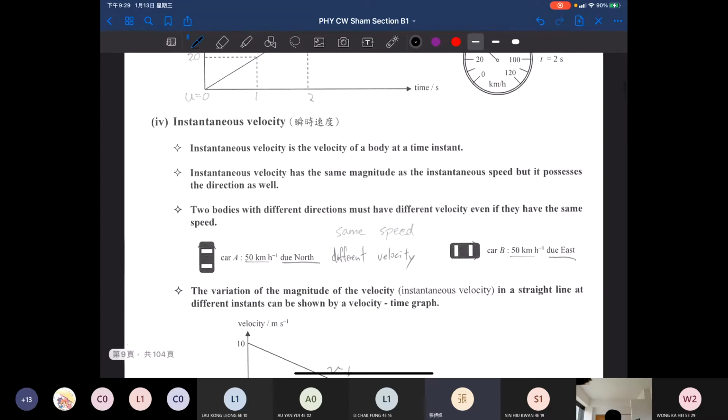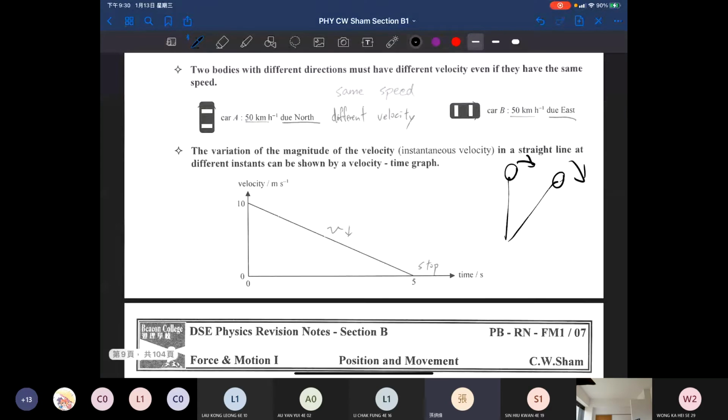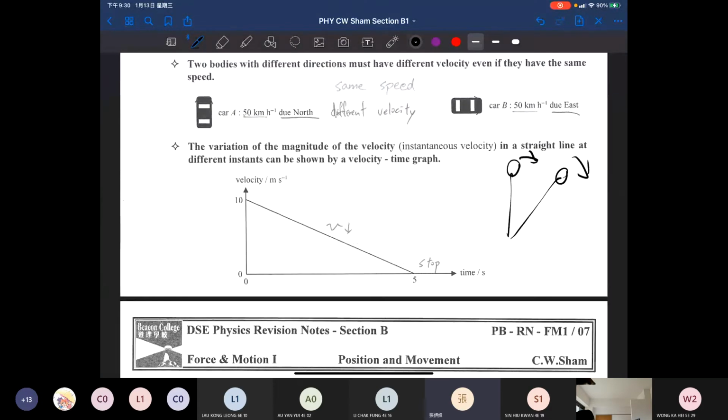So in this example, you can see that car A and car B have the same speed and the same magnitude of velocity, but because their directions are different, they have different velocities. Similarly, in circular motion, even though they have the same speed, because the direction of the velocity keeps changing, there is a change in velocity. The variation of the velocity can also be shown in a velocity-time graph.